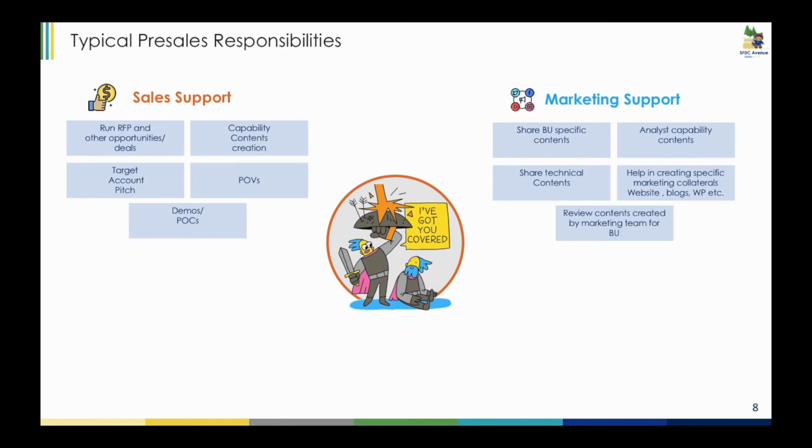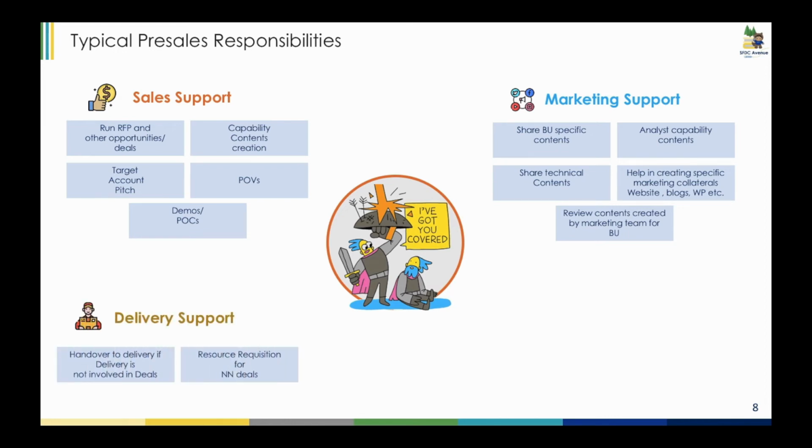We need to share the technical contents. We might need to give them specific contents regarding marketing collaterals like websites, or if they are creating any blogs, white papers, and so on and so forth. And of course, we need to review contents created by them as and when required.